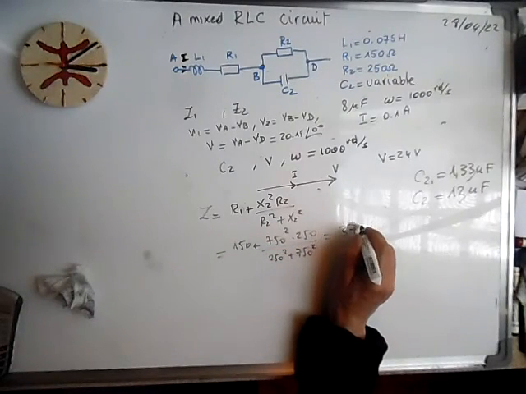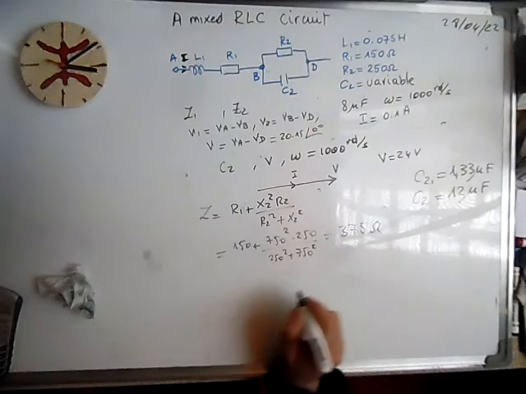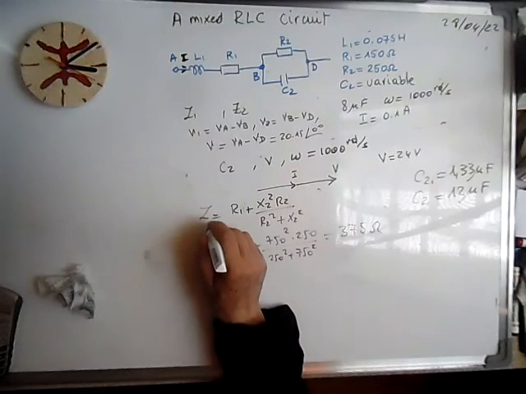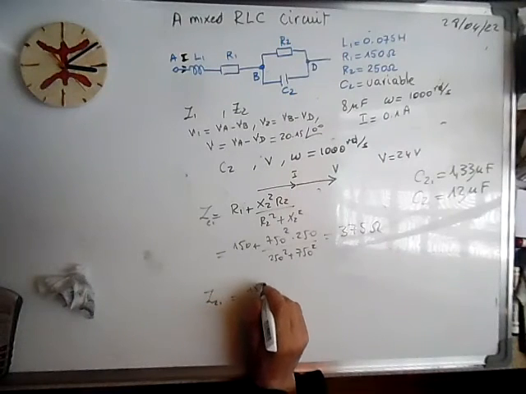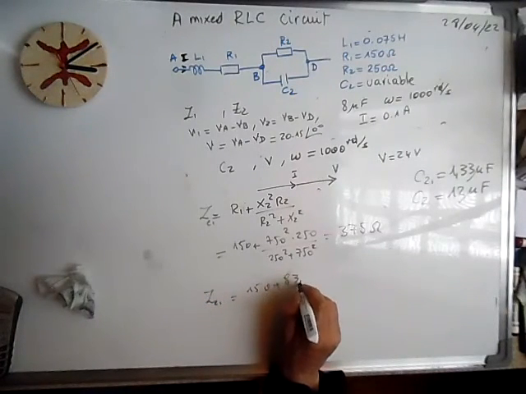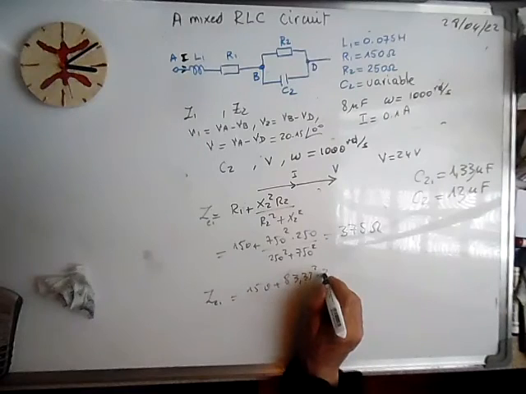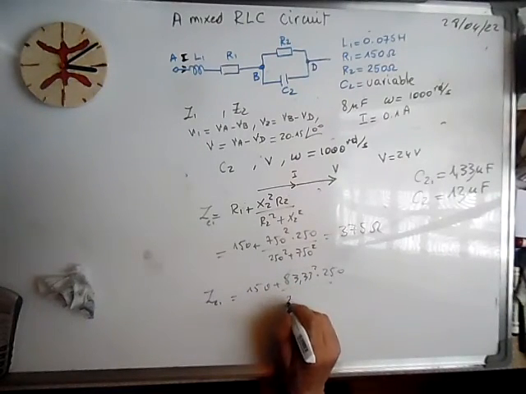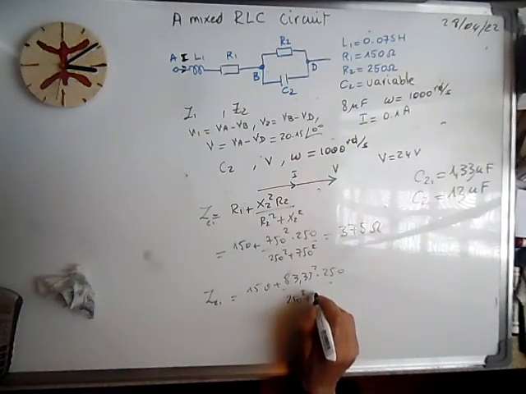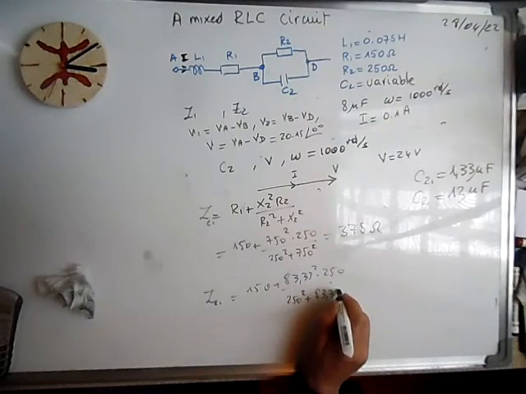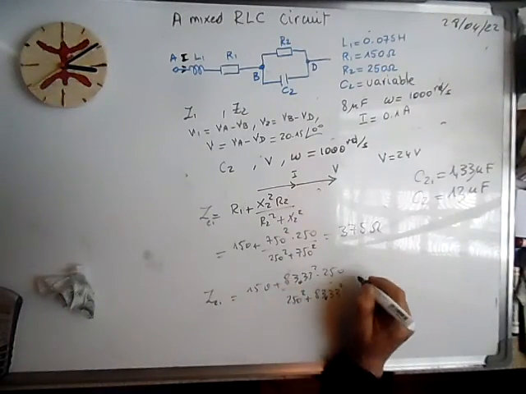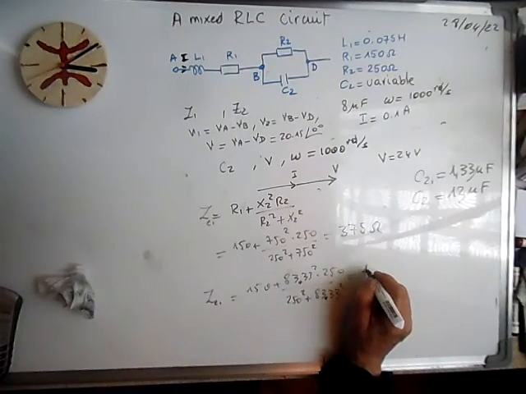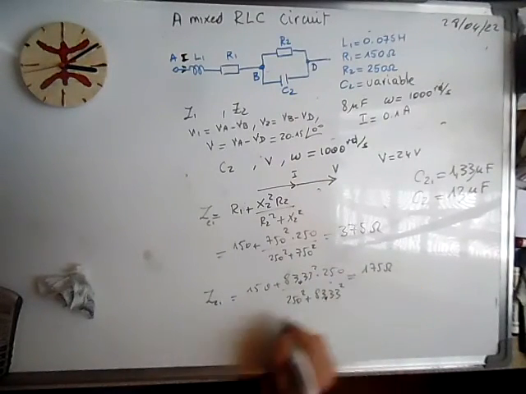This will give us 375 ohms. The second solution is 150 plus 83.33 squared times 250 over 250 squared plus 83.33 squared, and this will give us 175 ohms.